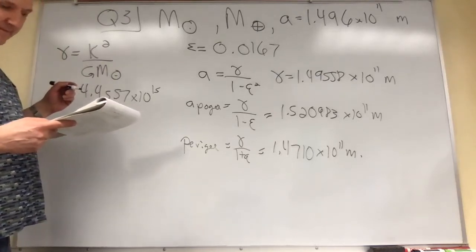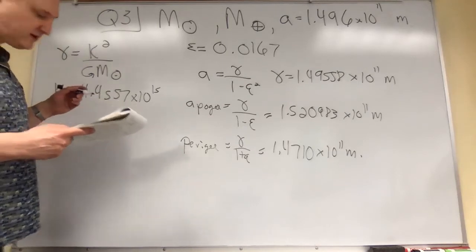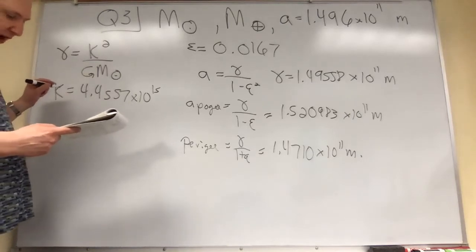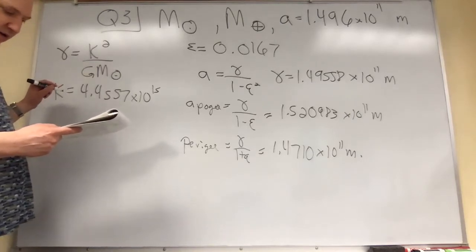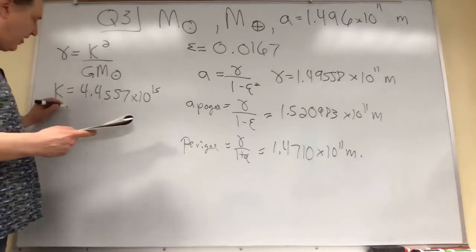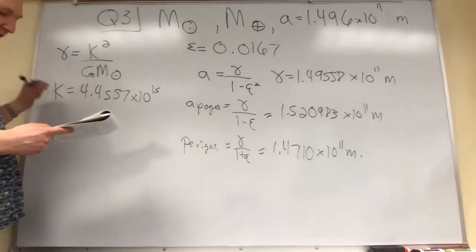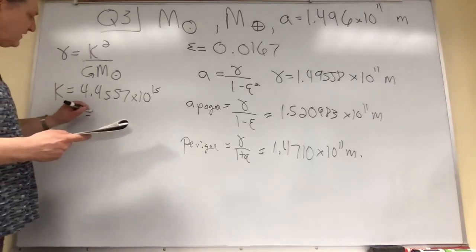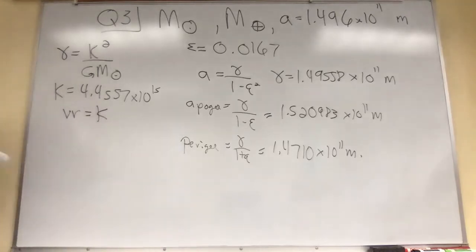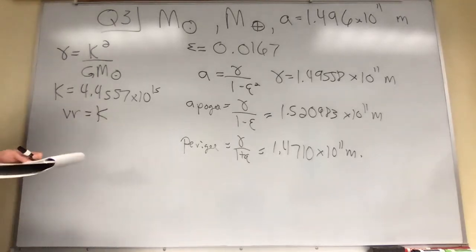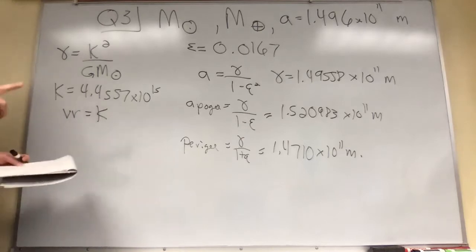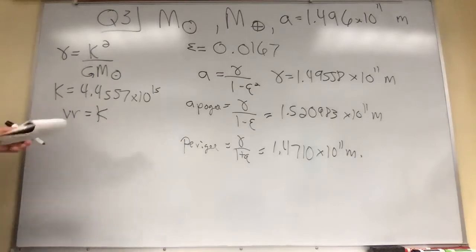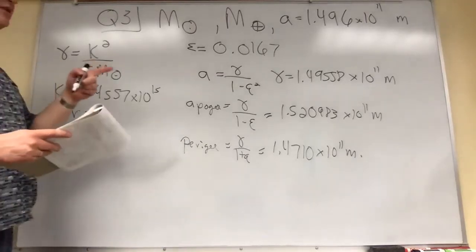All right. So from this, we have a couple of things. So there's K, great. For apogee and perigee, the velocity times the distance from the sun is equal to K. That's because there the angle is pi/2 between the velocity and the distance, or the radius, the radial direction.